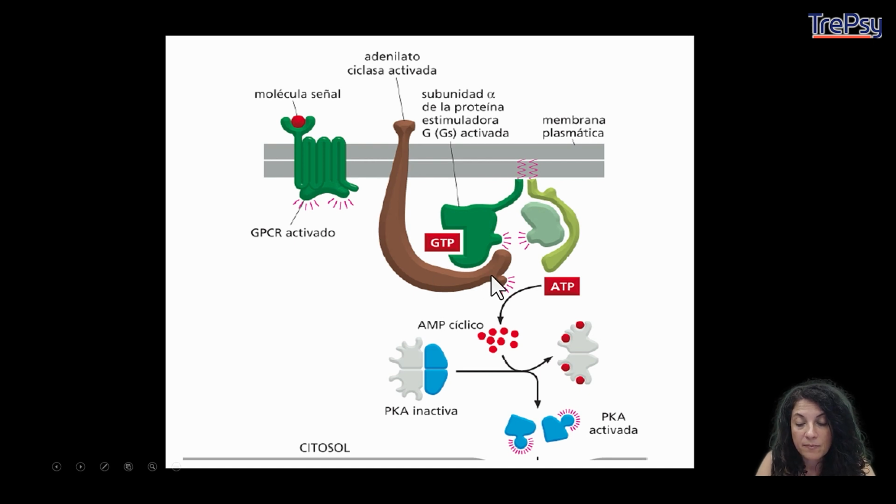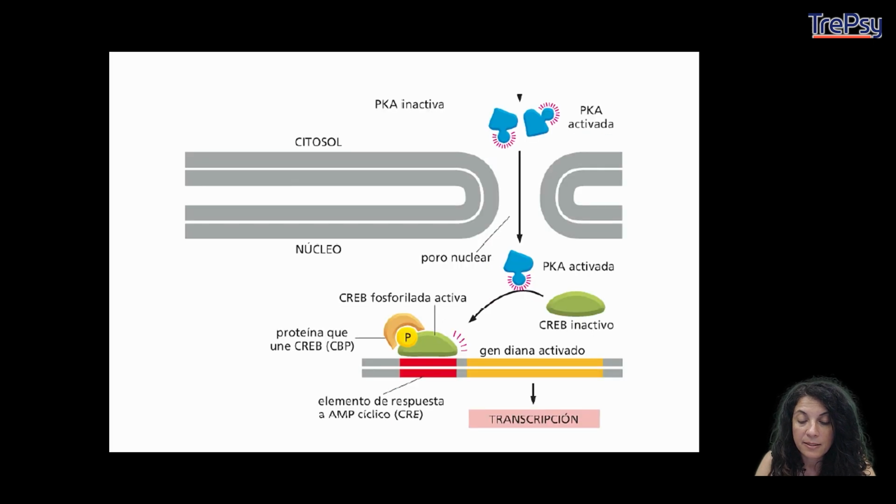This enzyme transforms ATP into cyclic AMP. Cyclic AMP binds protein kinase A, and protein kinase A goes to the nucleus, where it can phosphorylate the transcription factor CREB and activate this transcription factor and start the transcription.